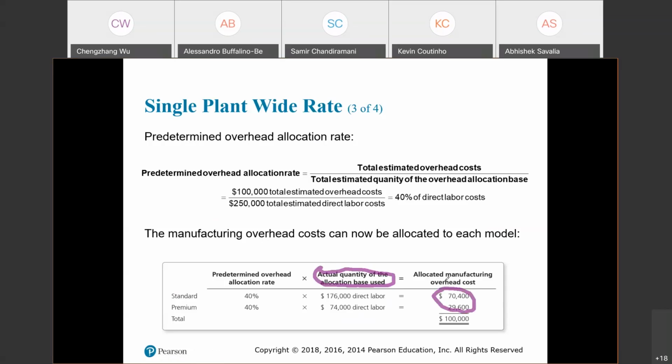We can allocate $70,400 of overhead to the standard model, and the rest, which is $29,600, is allocated to the premium model.